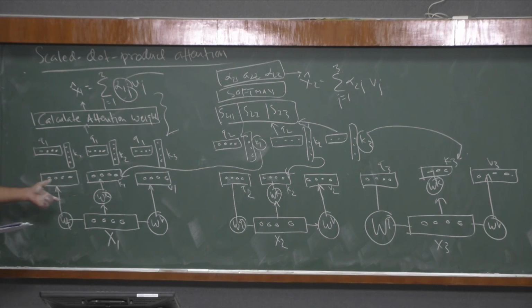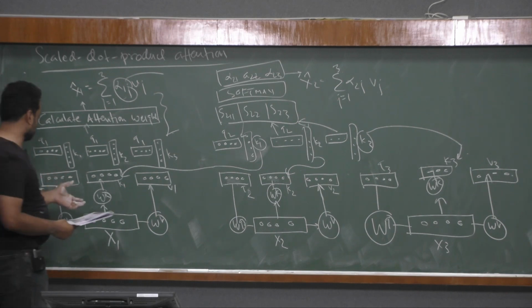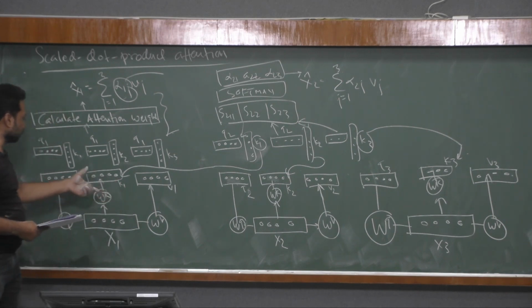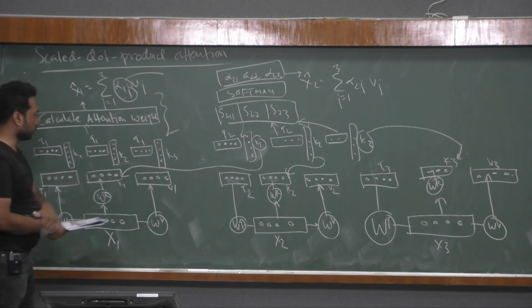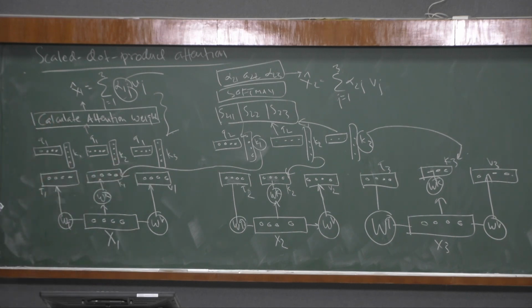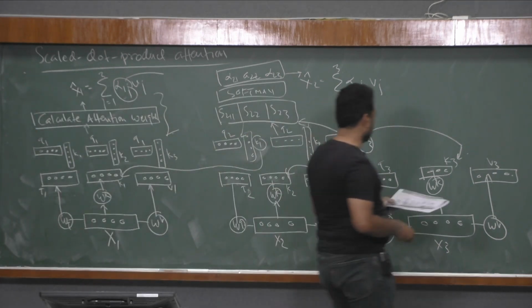So we can stack x1, x2, x3, and multiply all the query weights on each of these, and then produce the individual k1, k2, k3, but now they will be produced as a matrix K, and then there will be a matrix Q, and then there will be a matrix V.